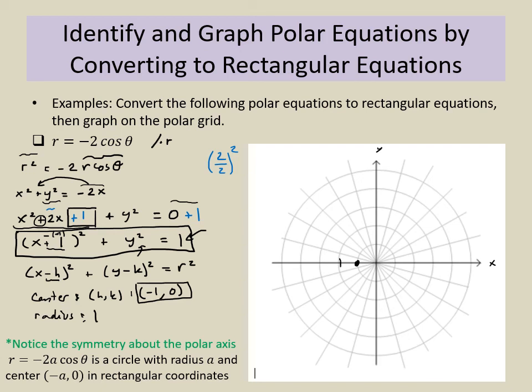So it's 1 unit in every direction around the center. So we can connect all of these and graph the circle this way. And that is the equation r equals negative 2 cosine of theta.